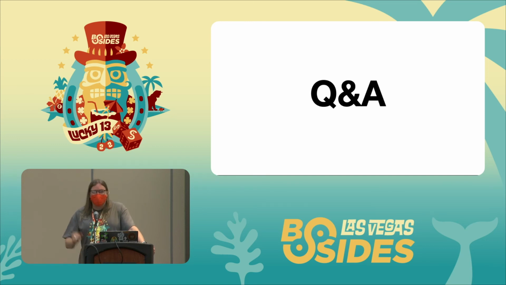Okay, so trying to repeat the question for the stream. Question is, I've talked a bunch about having one unified source of truth for a bunch of teams to be able to query, but it seems like we have more and more of those as time goes on, more and more sources of data, more and more things we have to consult. Why is that? And I think the answer to that is that we don't have that good unified source of truth, and we may never.